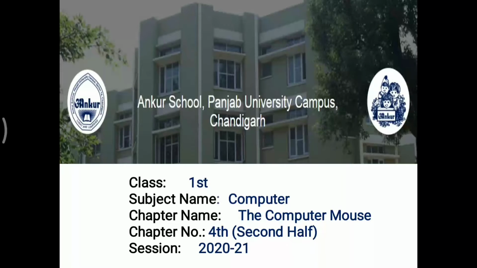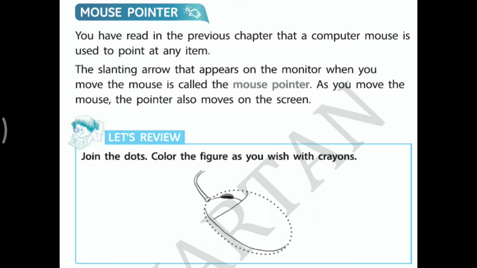First is the computer mouse, in which we covered mouse buttons, that is the left mouse button, the right mouse button and the scroll wheel. We also learned what a mouse pad is and how to hold a mouse. So students, today we will continue the chapter.